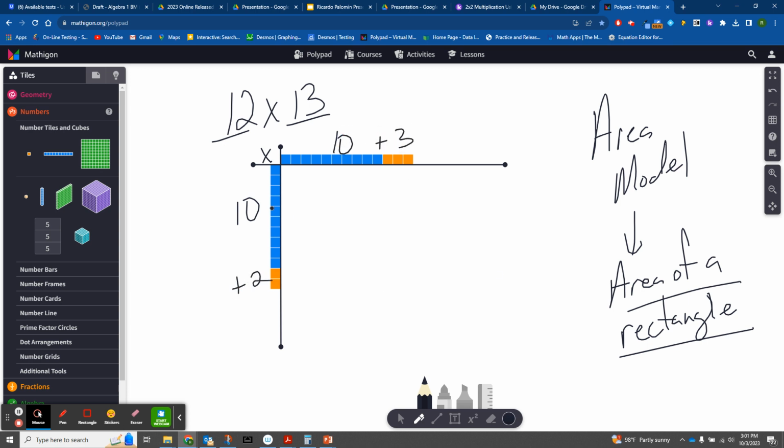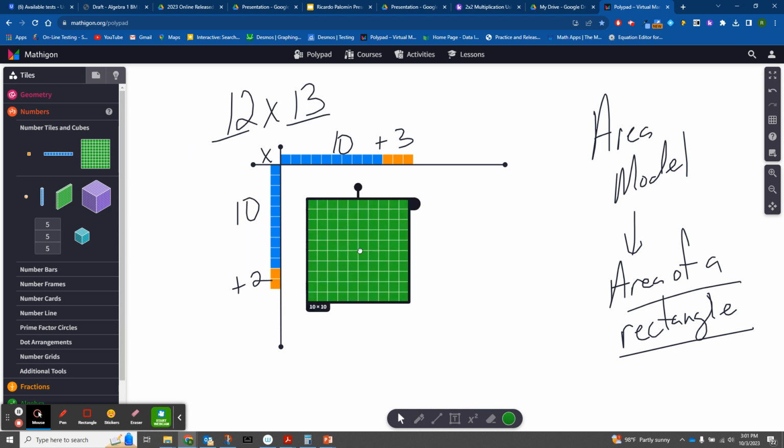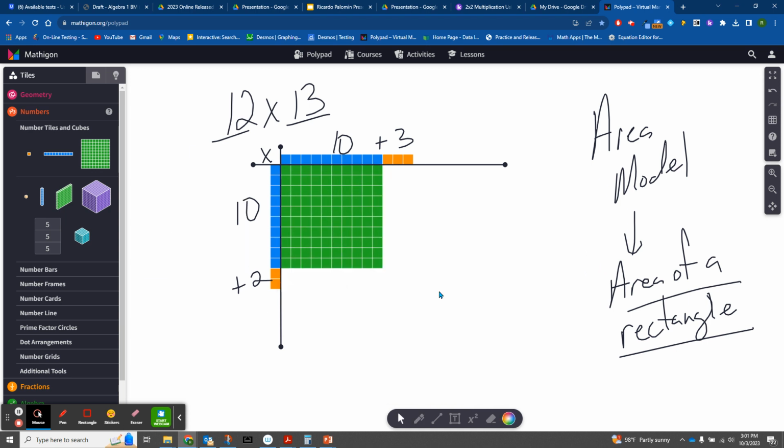We ask our kiddos, what is 10 times 10? Hopefully they know it's 100, so they bring the 100 there. 10 times 3 is 30. So I would need 3 tens to fill this in here. And I'm going to grab 2 of these, make a copy.